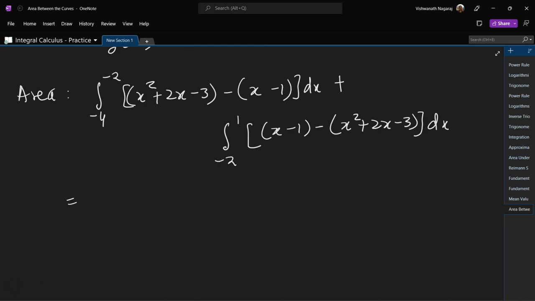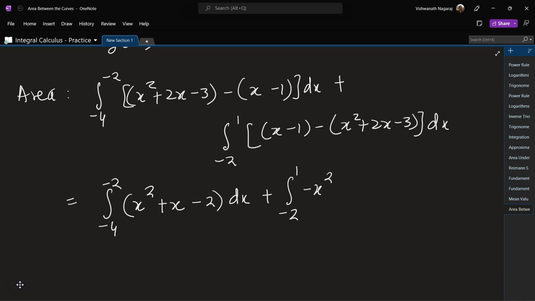So here let's simplify it further. Minus 2 x square as it is, 2x minus x is plus x, minus 3 plus 1 is minus 2x. Integral from minus 2 to 1, and here we will have minus x square minus x plus 2 dx.